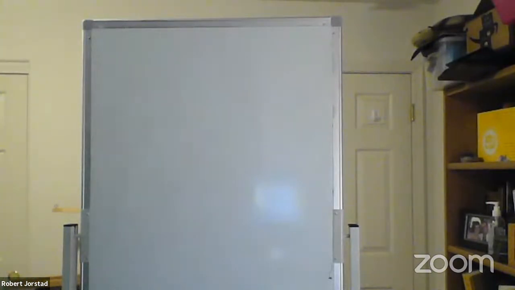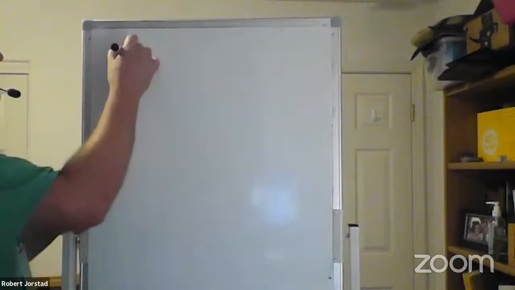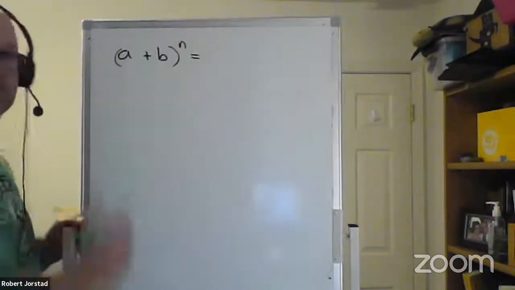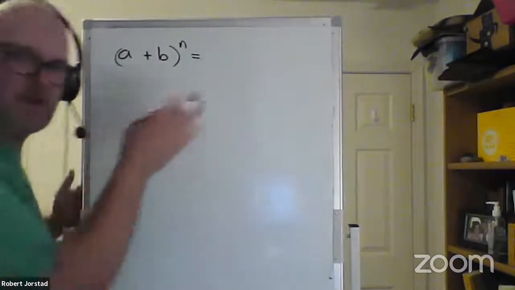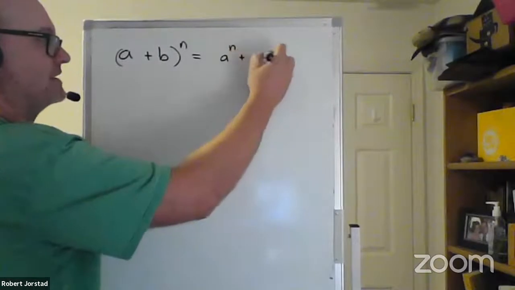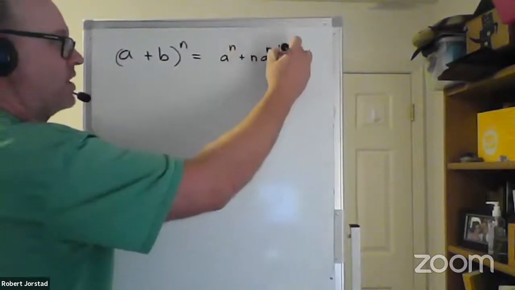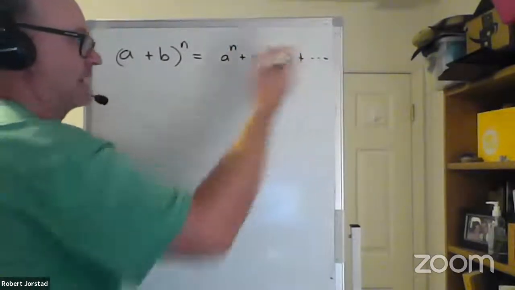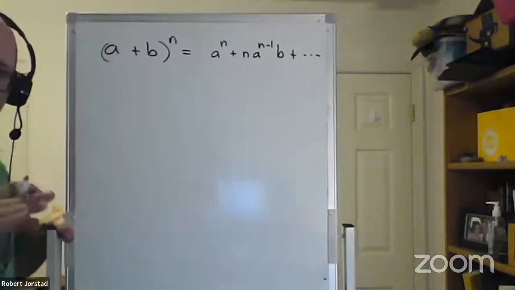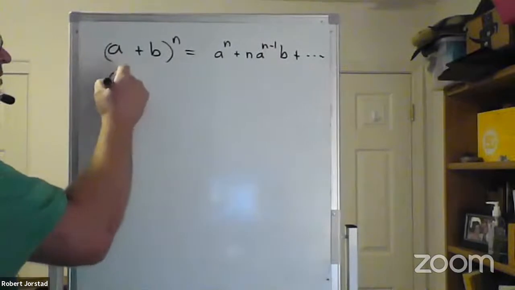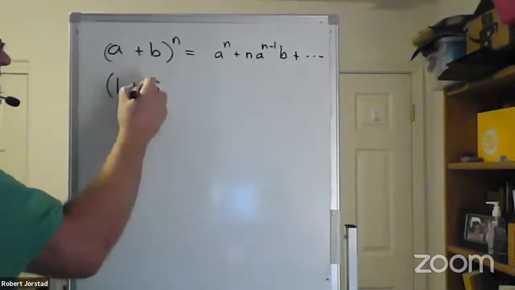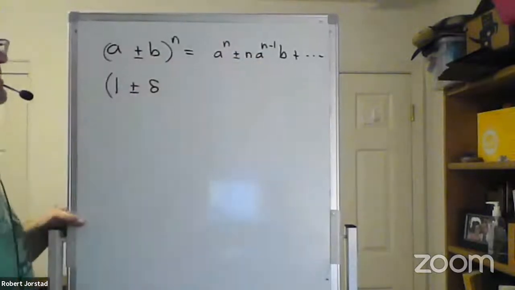Ridiculous. All right, binomial. Here's the classic binomial, a plus b to some power n. Maybe you've seen this before. Maybe you know what it is. It's like a to the n plus n times a to the n minus 1 times b plus... That's a binomial. There's a special type of binomial where the first number is 1 and the second number is small. And by the way, this works with pluses and minus signs too.